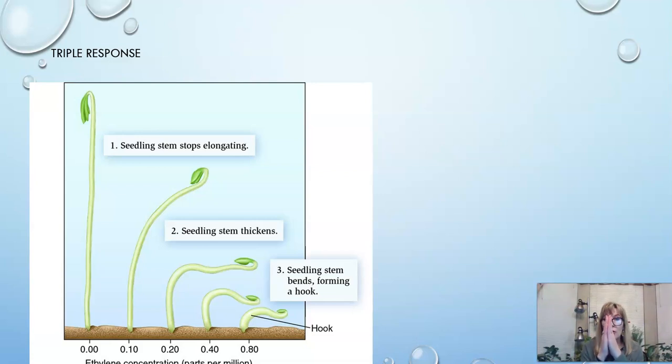They would stop growing forward. The stem would thicken and then it would start to jut out to the side before it would actually go back up again. That's known as the triple response. It's like stop, bend, twist. It's kind of an interesting response to some environmental stresses.